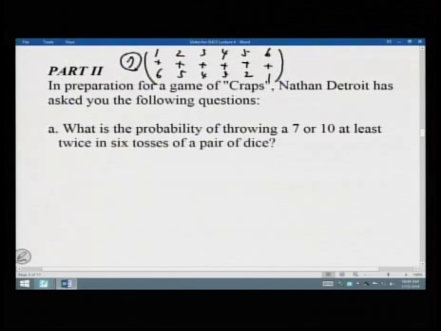How did you get 10? 4 and 6, 5 and 5, and then 6 and 4. So there are 3 different ways. Is that right?